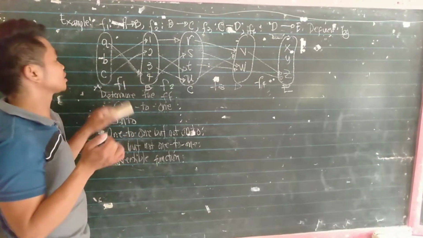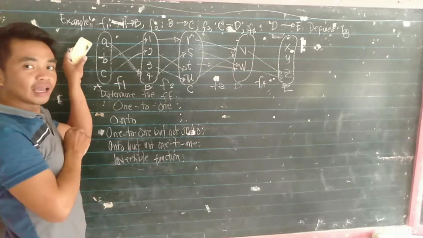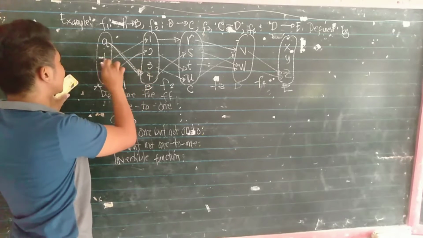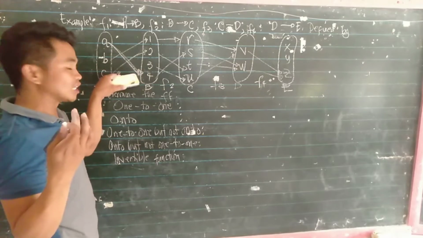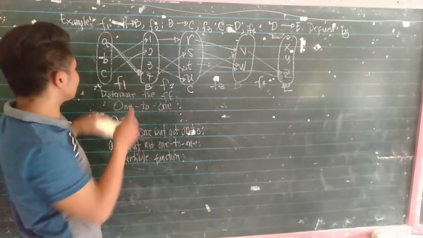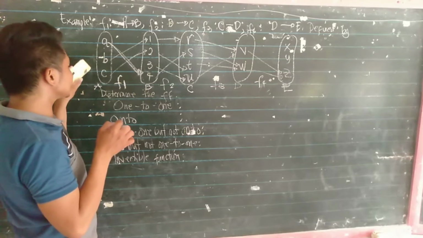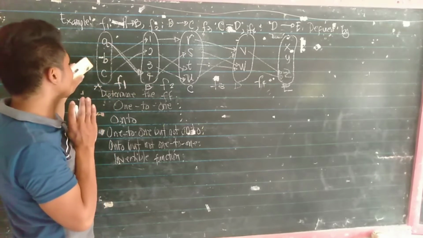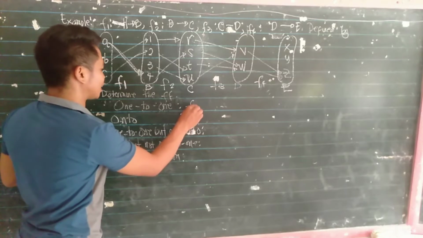So first, we're going to determine what is one-to-one. We're going to look at the figure. So we have here A, B, and C connected to this. Note that all elements in A have a distinct image in B. So this is under the function sub 1. Since this figure is like this, we can say that function sub 1 is a one-to-one function.